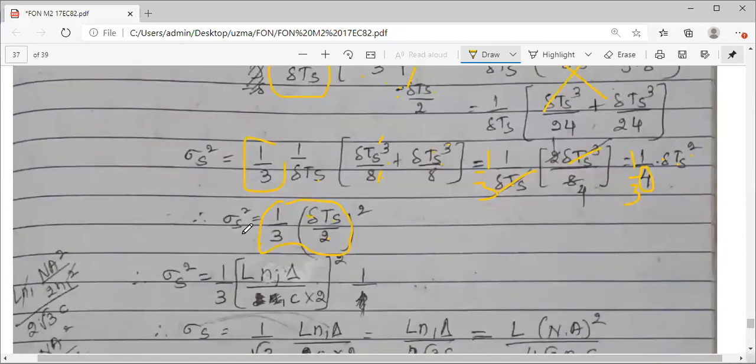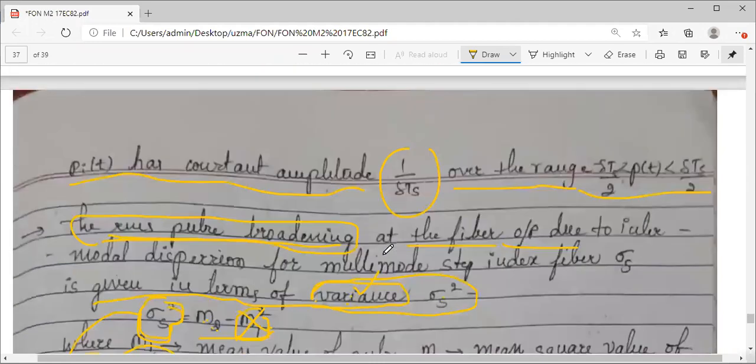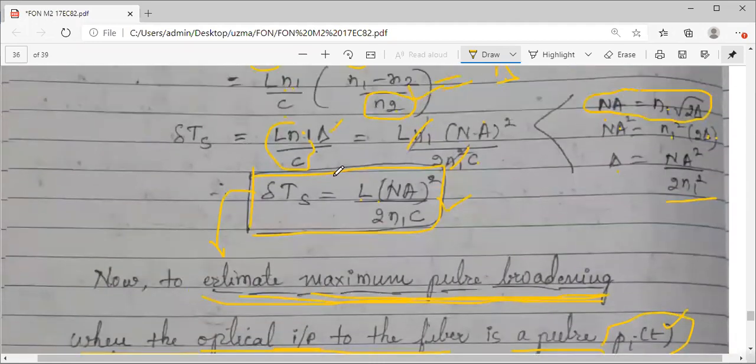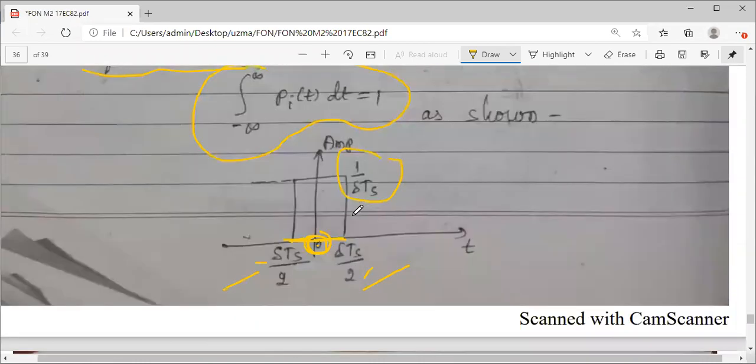Okay. So once you get this, this is your variance, and here you have delta Ts, which we have calculated in the previous section. See here, delta Ts we calculated as Ln square divided by 2 n1 c, or simply Ln1 delta by c. You can take any value.